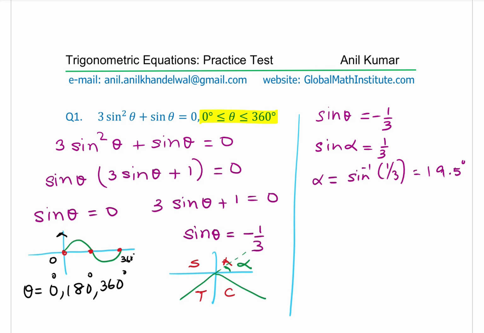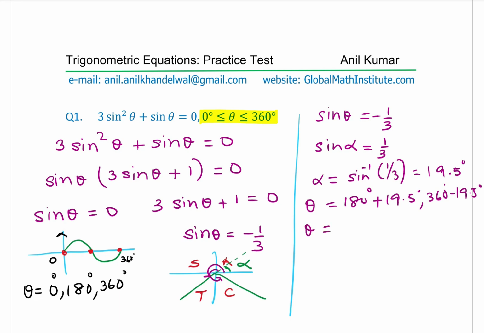Now, the solution actually is these two principal angles, correct? These are your solutions. So the angle theta within the domain of 0 to 360 degrees will be what? Will be 180 degrees plus 19.5 and 360 degrees minus 19.5 degrees, correct? So those are the two solutions for the second factor.